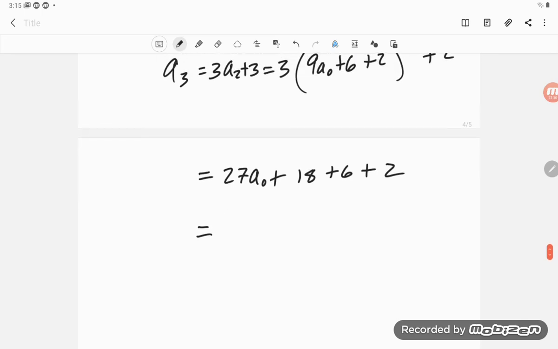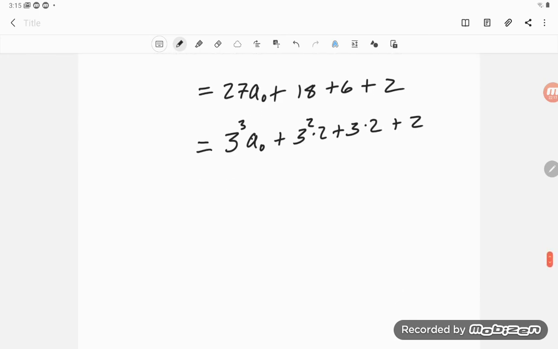Now, actually, given I've done a few of these, what I realize is a better way I might write this is that 27 I got from 3 cubed a0. That 18 I got from 3 squared times 2. That 6 I got from 3 times 2, and then finally plus 2.